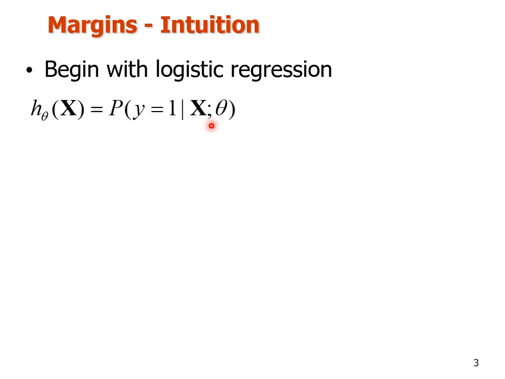I'll repeat, this hypothesis is giving us the probability that the sample is of the class y equal to 1. Say for example, if h theta x is evaluated as 0.7, this means that the probability that the sample is of class y equal to 1 is 0.7 or 70%.